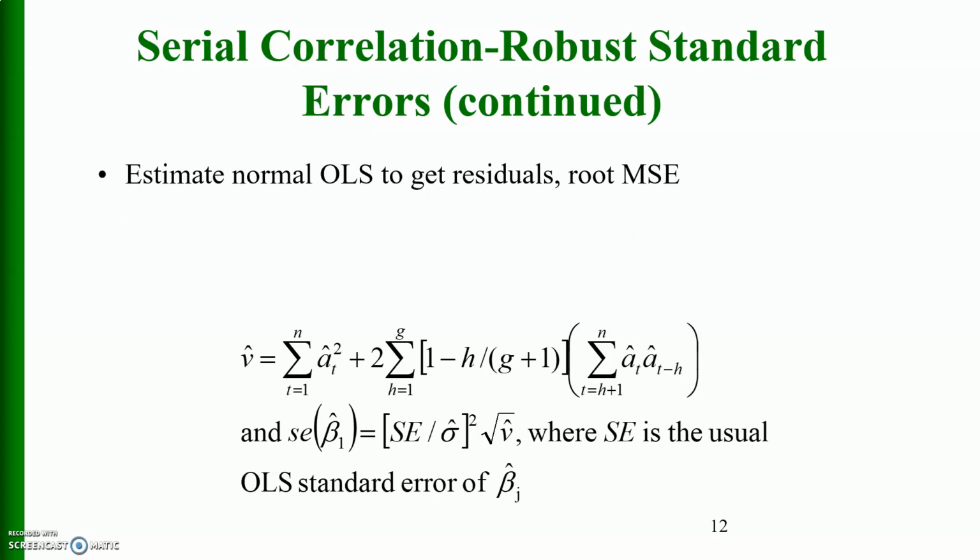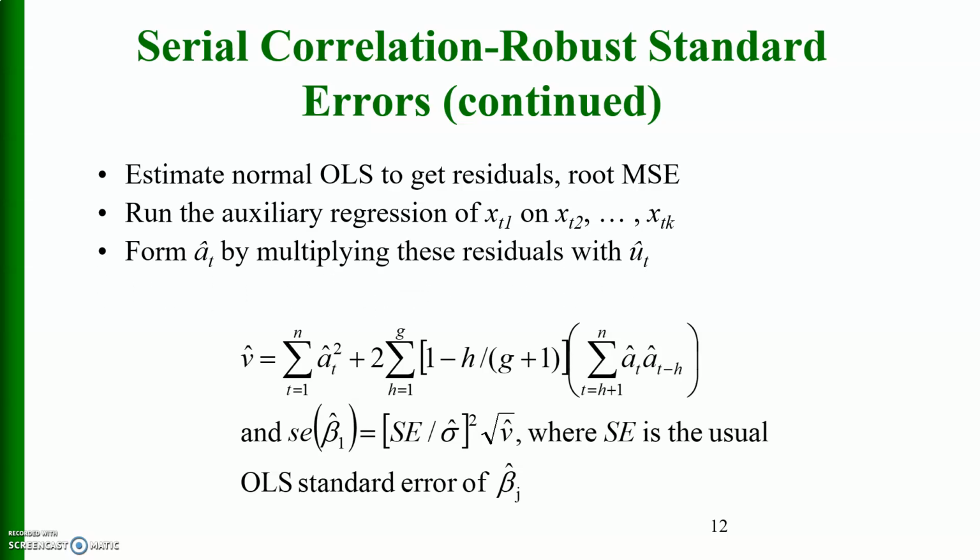In this case, we will estimate normal OLS to get residuals, root mean square error, and then we run the auxiliary regression of xt1 on xt2 up to xtk and form at hat by multiplying these residuals with ut hat, and we have this equation where SE is the usual OLS standard error of beta j hat.